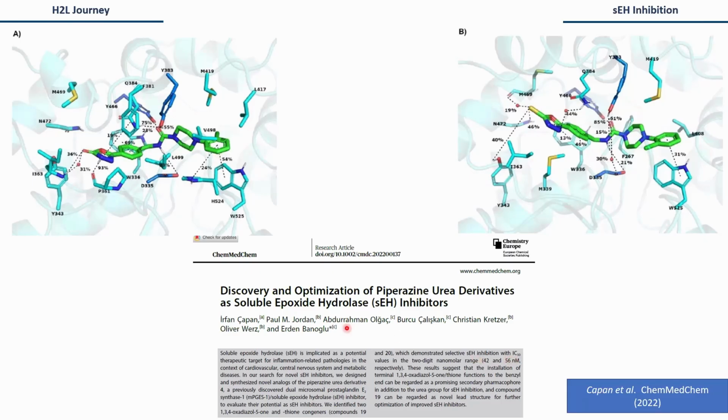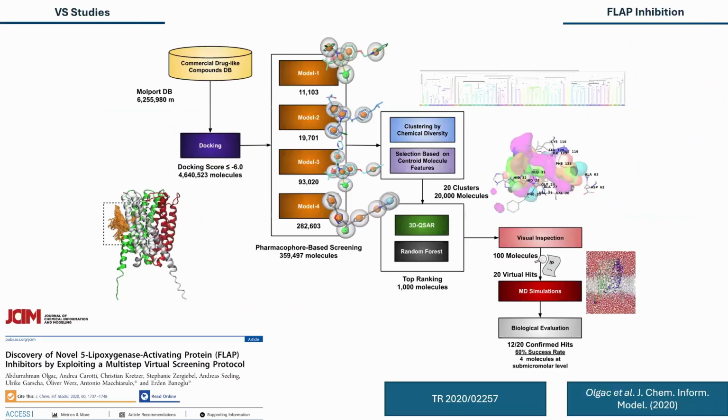So with all these experiences we gained in the hit-to-lead journey, we decided to identify new chemical scaffolds for our future studies. In this work, we did a virtual screening study that was applied in a reverse approach. Based on our experience generating and designing derivatives of FLAP inhibitors, we knew that by docking, we weren't able to directly generate reliable results.